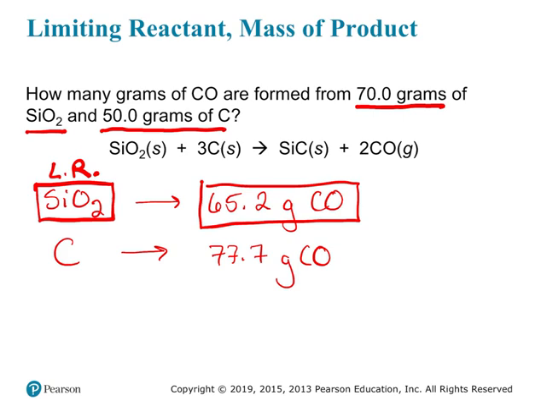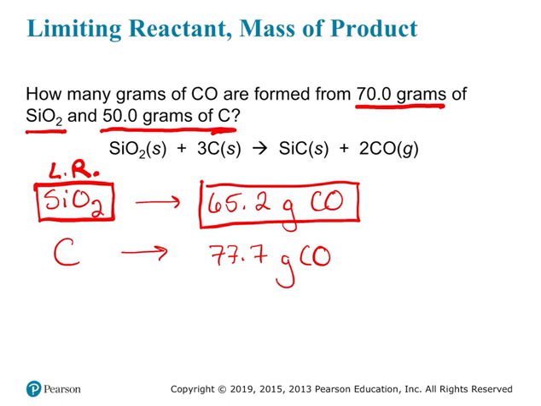Initially, looking at the amounts of each reactant, 70 compared to 50, I would assume carbon would run out first, right? But that's not the case when we actually calculate it out. It's actually silicon dioxide that runs out first. So you do have to go through that whole process to figure this out.